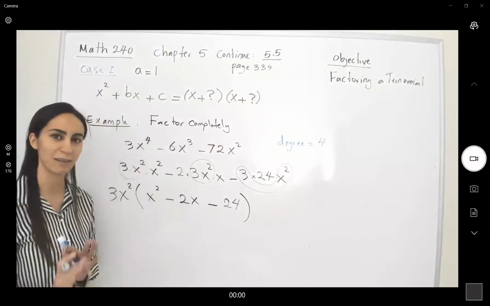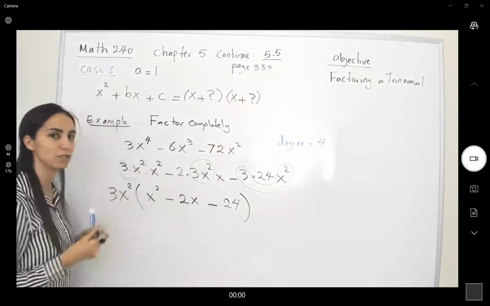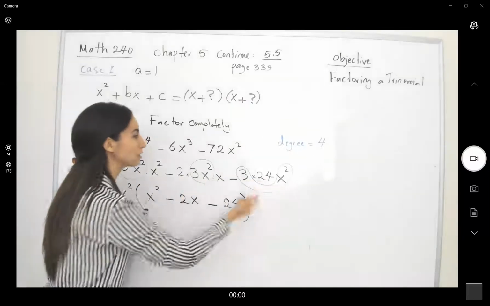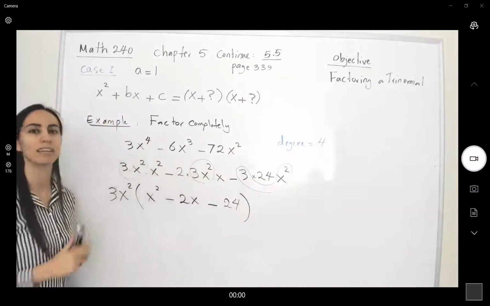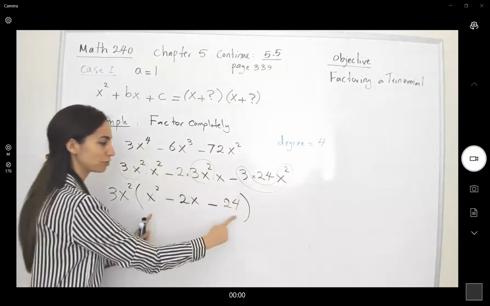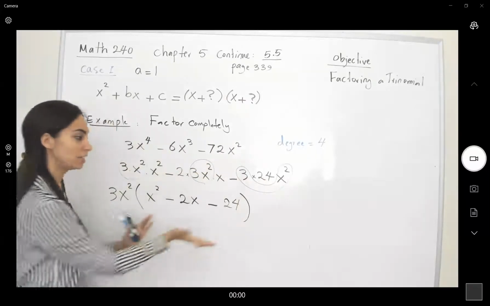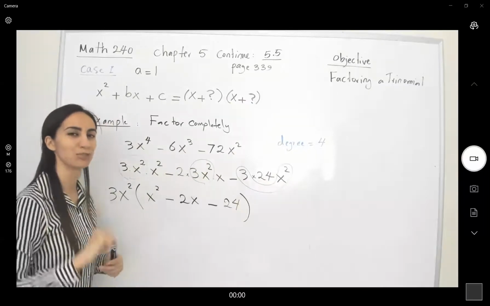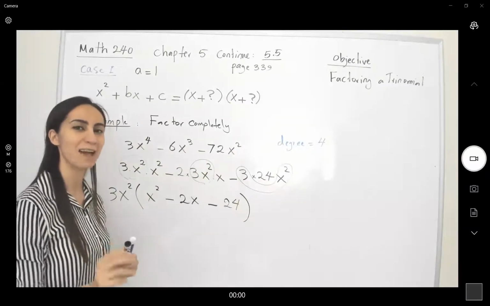So step by step, one by one. What did we do? We factored out the greatest common factor from all of these addends. Next step is to try to factor the quantity inside parentheses, which is the product of 2 other linear expressions.